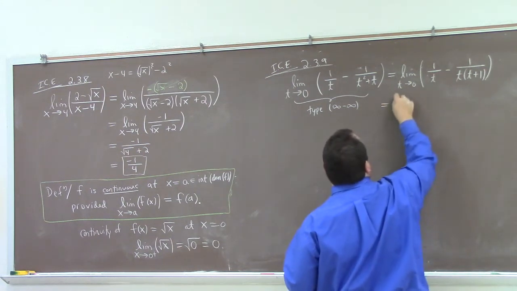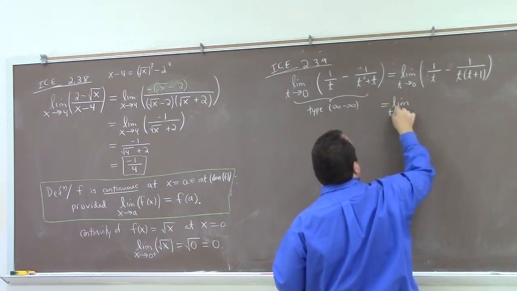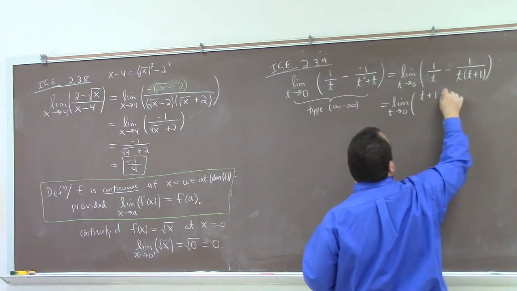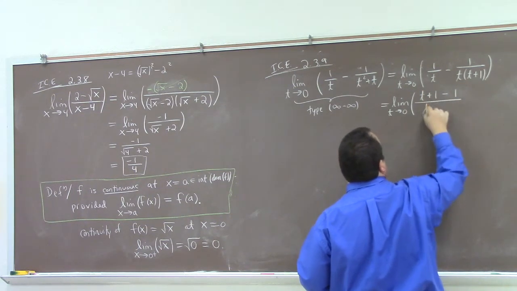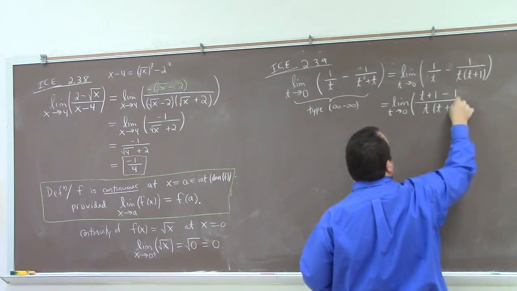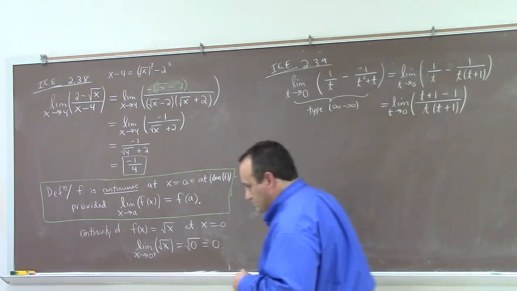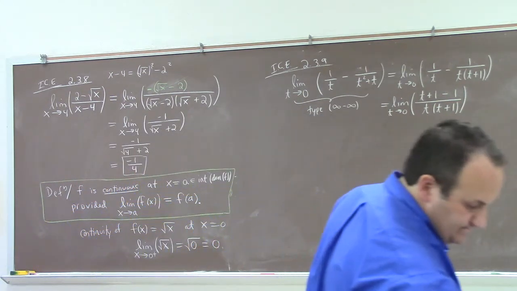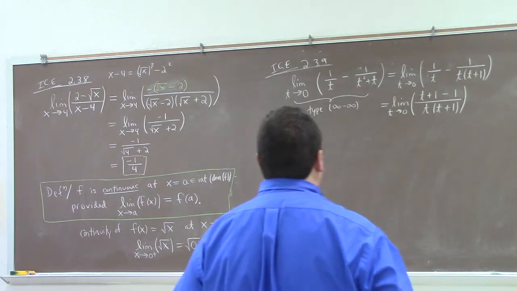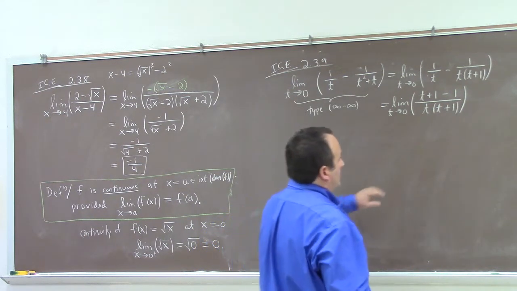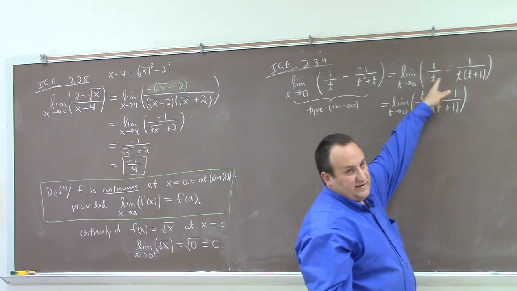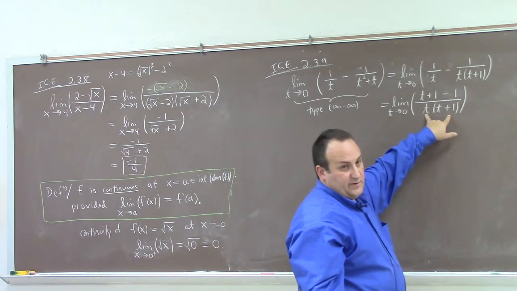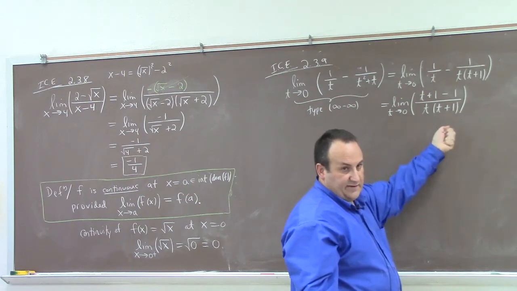So if I look at it like that, it suggests I do the following algebra. t plus 1 minus 1 over t times t plus 1. See what I did? I multiplied the first fraction by t plus 1 over t plus 1 so that they had a common denominator of t times t plus 1 so that I could subtract them.